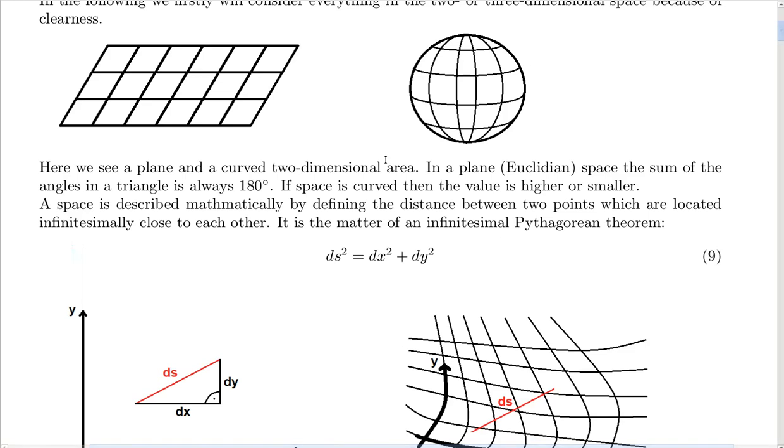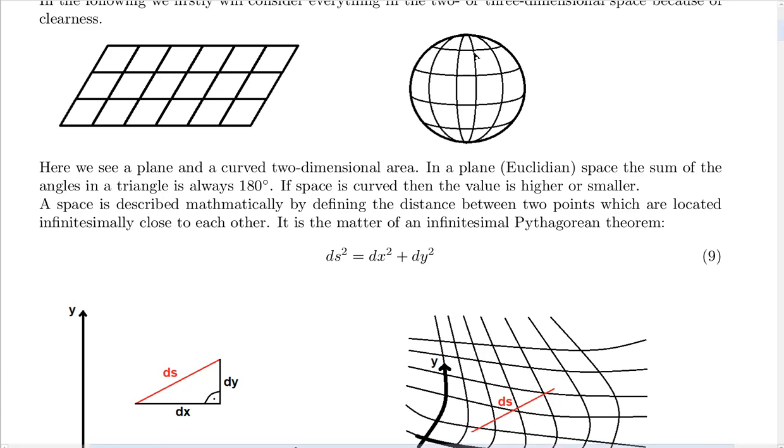If we consider the sum of the angles of a triangle in Euclidean space, then the sum of the angles will be 180 degrees always. If we consider a curved space, then the sum of the angles depends on the kind of curvature.